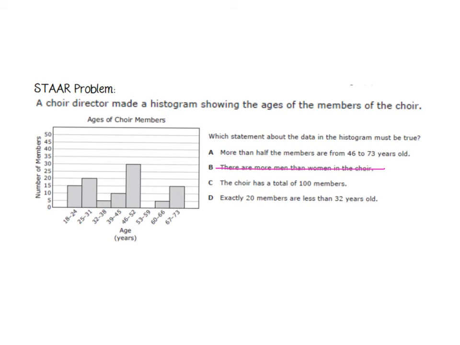So let's look at the other ones. A says more than half of the members are from 46 to 73 years old. So I just have to add up those numbers and see how many members that is. In this first column, I have 30. The next one has 0. Then I have 5. And then I have 15. So when I add that up, I get 50 that are over 46 to 73.